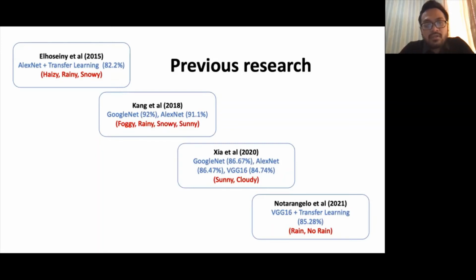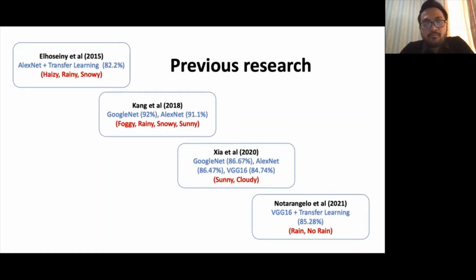Xia et al. in 2020 used GoogleNet, which reached around 86.67% accuracy, AlexNet, which reached around 86.47% accuracy, and VGG16, which reached around 84.74% accuracy.